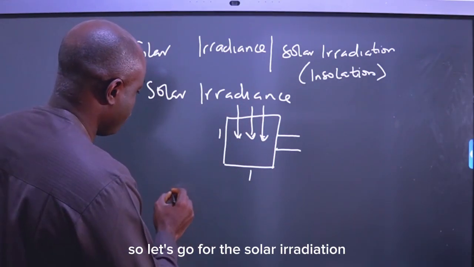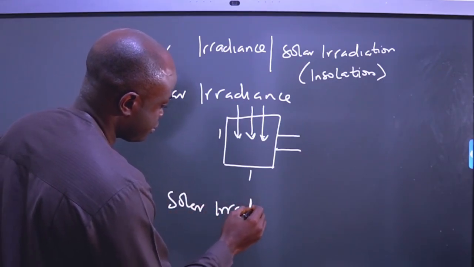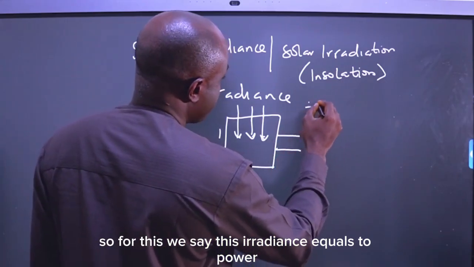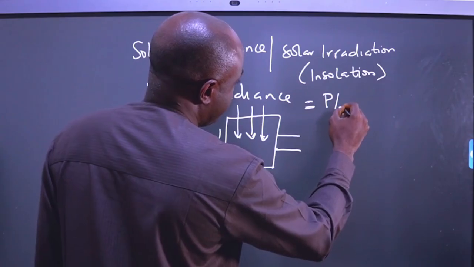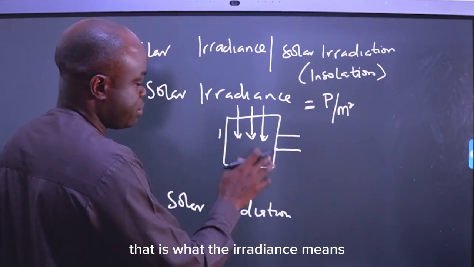So let's go to solar irradiation. For this irradiance, we'll say it equals power per meter square. That's what irradiance means.